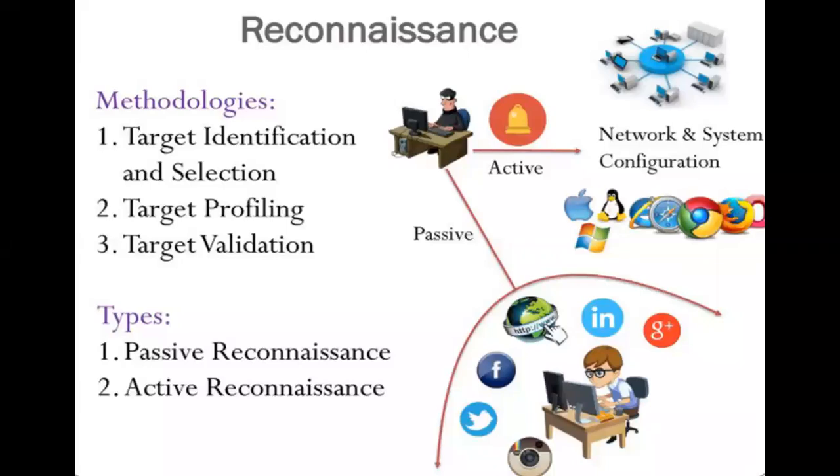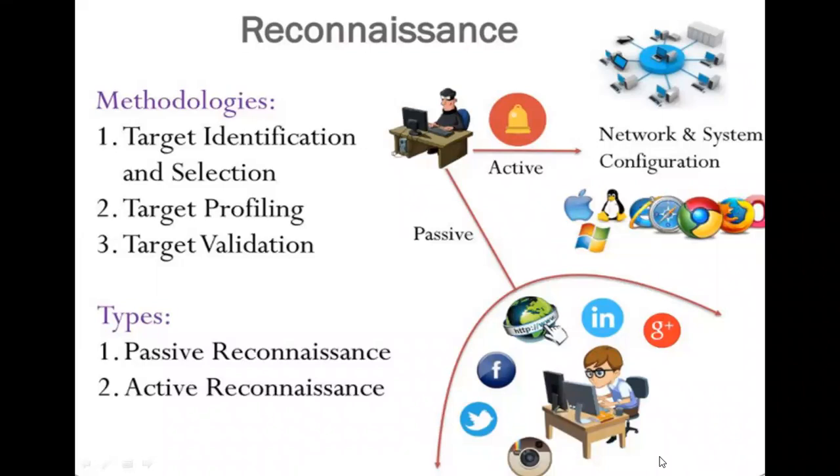Maybe he's a CEO, and you want to see if his email address is out there for you to conduct a spear phishing attack. You are also trying to validate certain assets, because most organizations have internet-facing assets that their users interface with, right? So you also want to validate whether those assets are vulnerable or not.